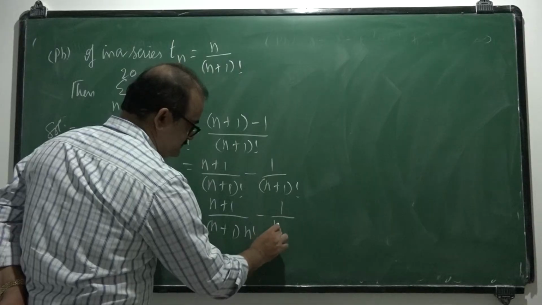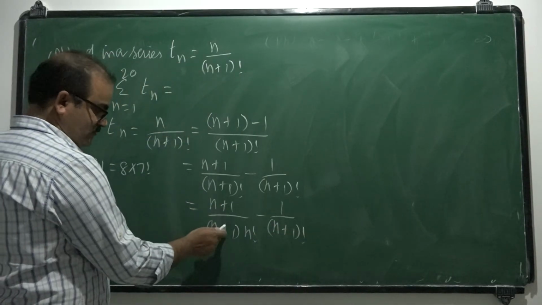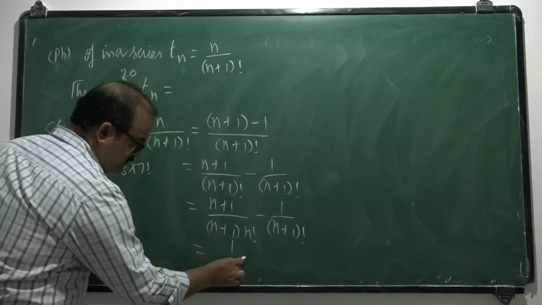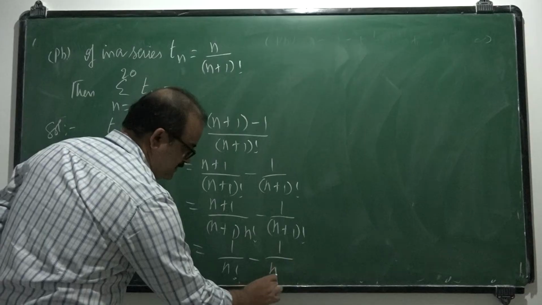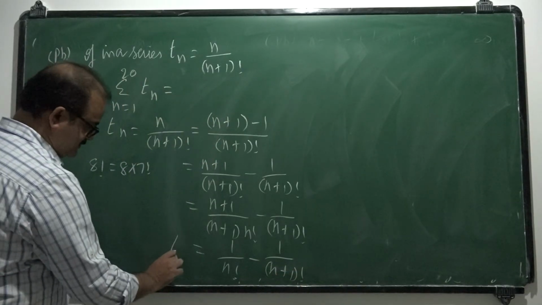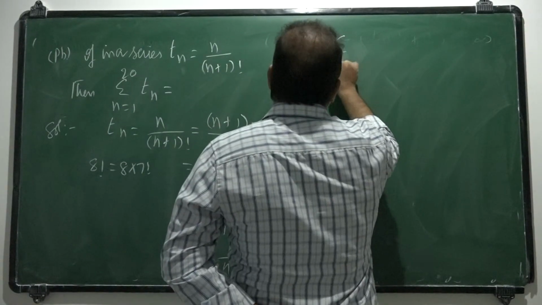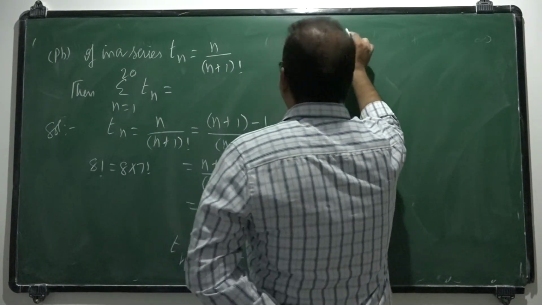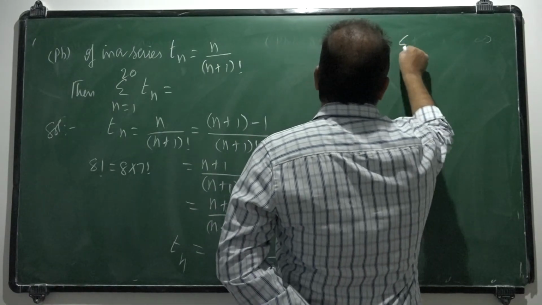Here n plus 1 and n plus 1 cancel. 1 by n factorial minus 1 by n plus 1 factorial. This is Tn.